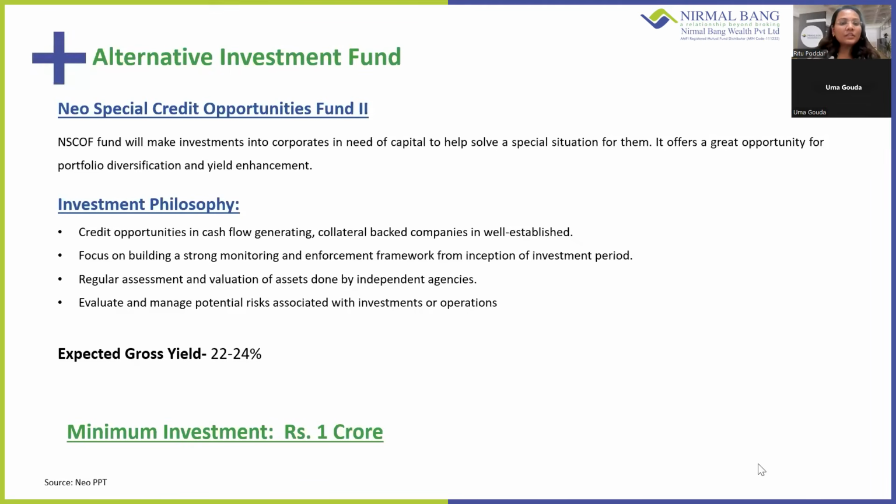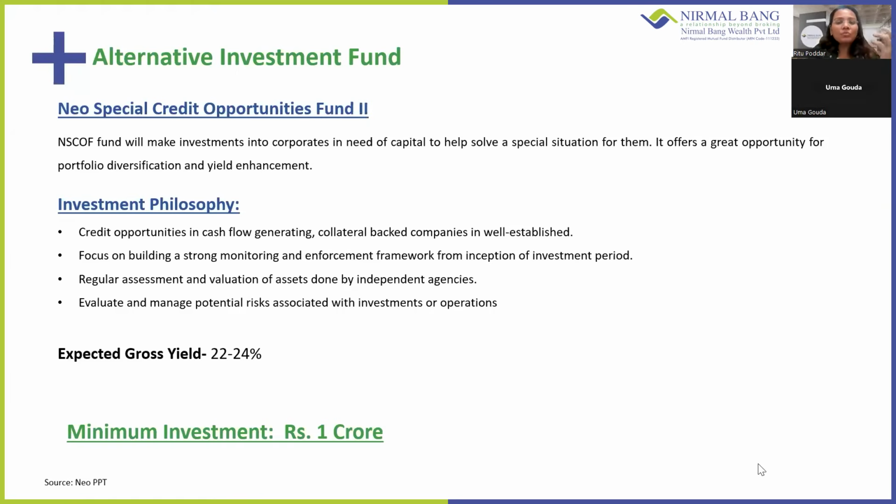For simple understanding, the companies which are unable to raise funds through banks and NBFCs come into the market, raise funds through different products and investors, and make a product here which you can see like Neo Special Credit.